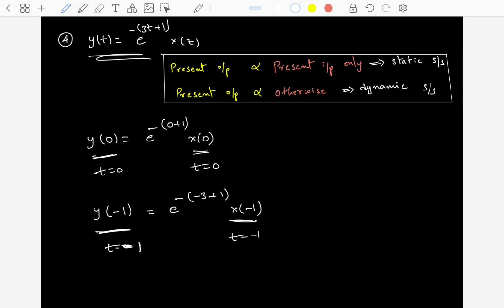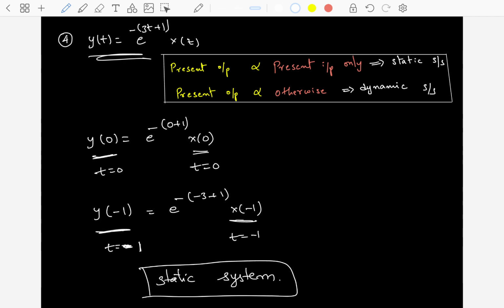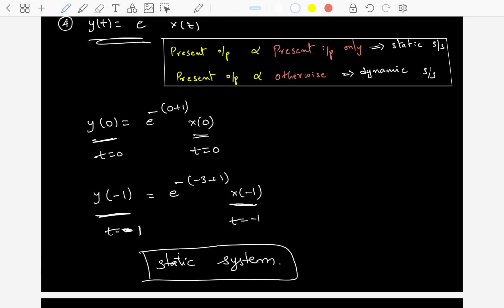For any value of the time t, the output depends on only the present input. So the system is a static system.